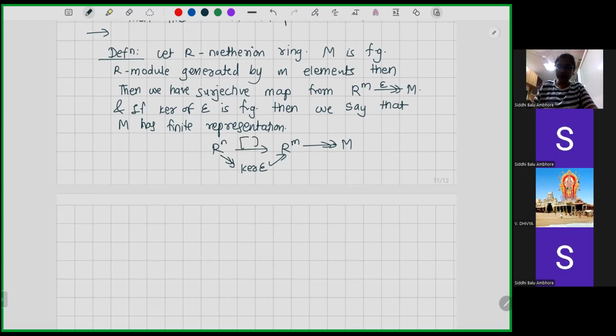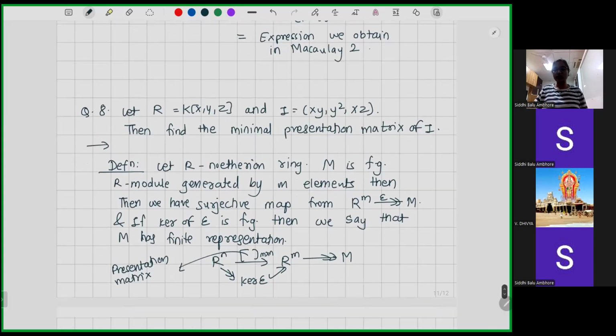So there will exist some matrix from R^n to R^m, an m cross n matrix, and this matrix here is called the presentation matrix. We did this in previous lectures. So here we want to find this presentation matrix of I.